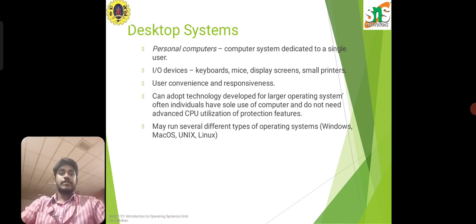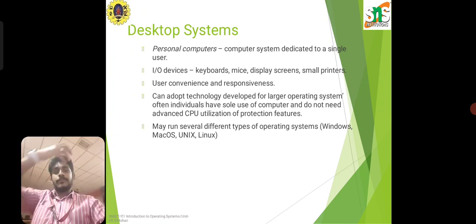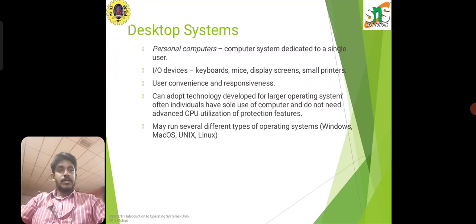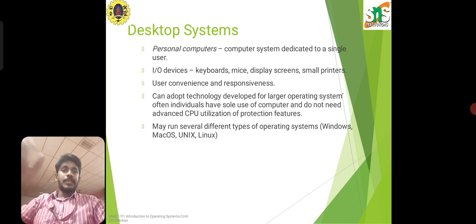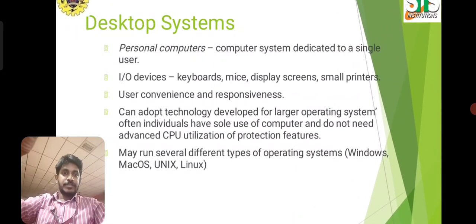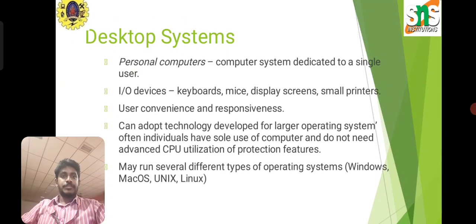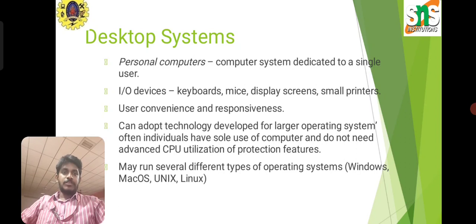The next topic is the desktop system. In a desktop system, we have personal computers and I/O devices, and whatever input devices we need, we are able to see on the screen. Desktop systems can adopt technologies developed for larger operating systems, and may run on several types of operating systems: Windows, Mac OS, Unix, and Linux.